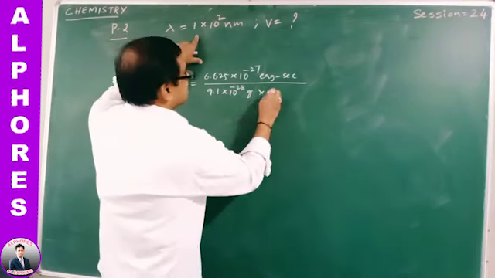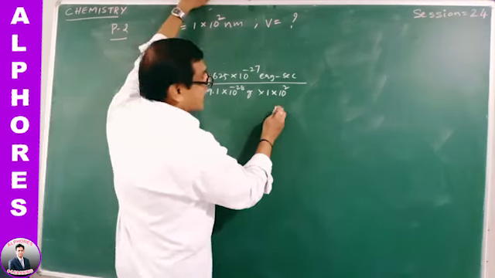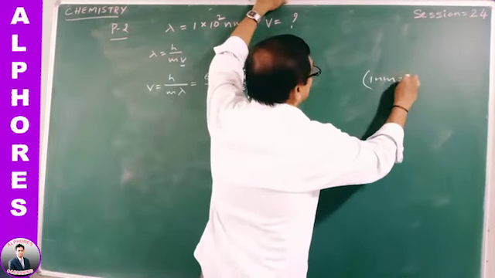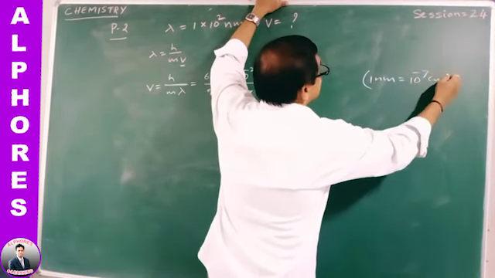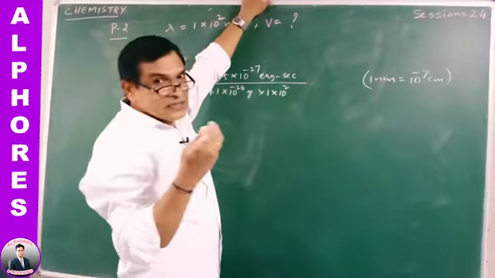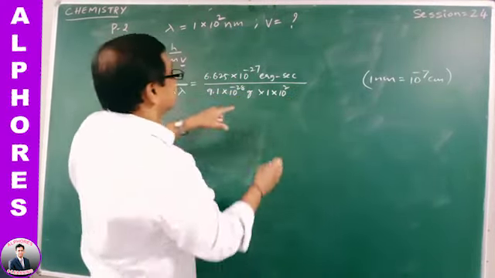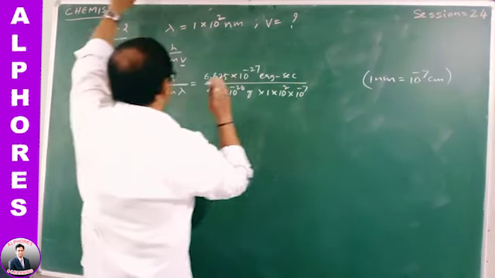Wavelength is given as 1 into 10 to the power 2 nanometers. As we know, 1 nanometer equals 10 to the power minus 7 centimeters, or 10 to the power minus 9 meters. We require only CGS units, so 10 to the power minus 7 centimeters.